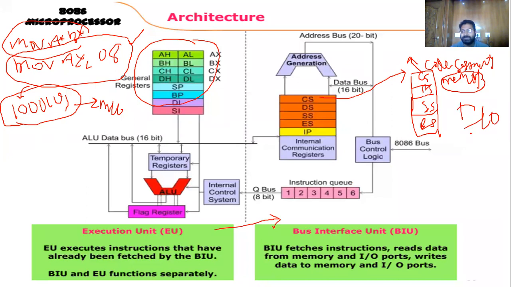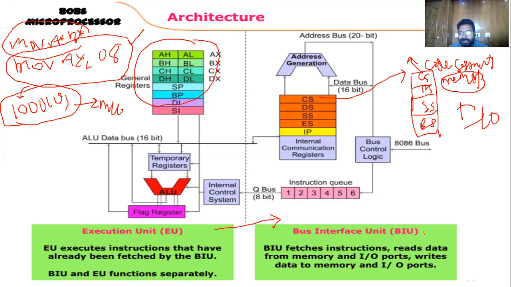Fetching means to get the information or to send the information: a read operation and a write operation. Remember, microprocessors perform two operations: they can read the data or write the data. So for execution of the instruction, the microprocessor performs read operations. My execution unit gives commands to the bus interface unit: fetch the required codes of this mnemonic from the memory.